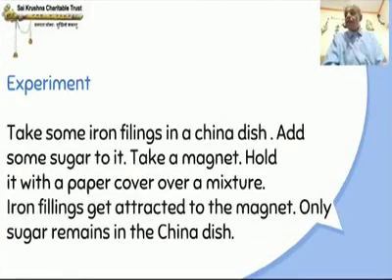So, we have separated the magnetic substances from the soil. Iron filing is a magnetic substance which has been separated from soil.